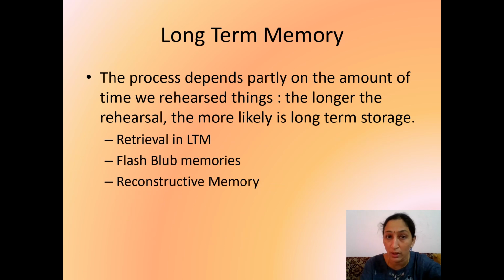Then it comes into the long-term memory. In long-term memory, we have retrieval, and the flashbulb memories. That means maybe your college days or college friends or past events. You may not have a clear picture, but you don't forget. You have the faded memory. You remember your farewell party.